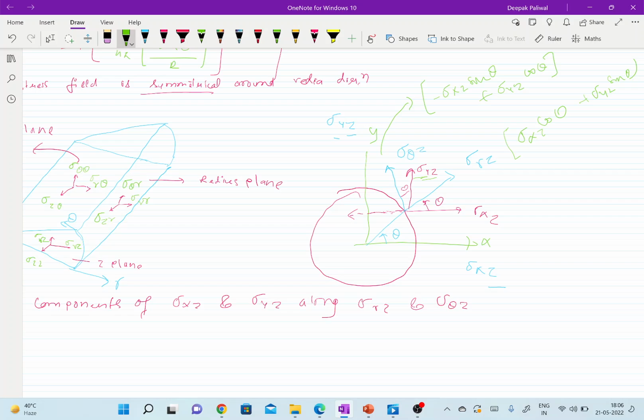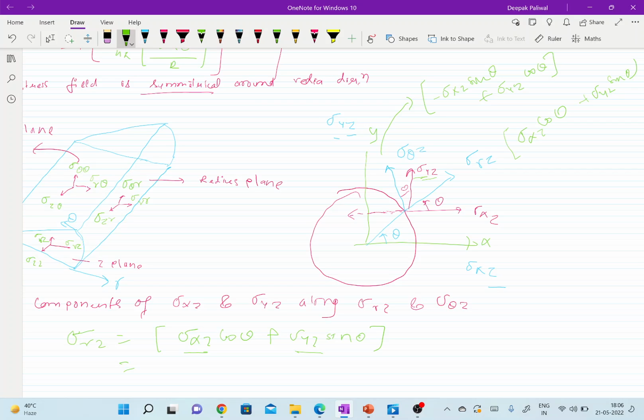Okay, so now let me take first sigma rz. Sigma rz would become sigma xz cos theta plus sigma yz sin theta. Let me put in the values of sigma xz and sigma yz.